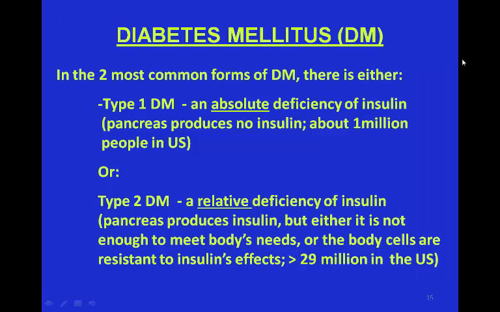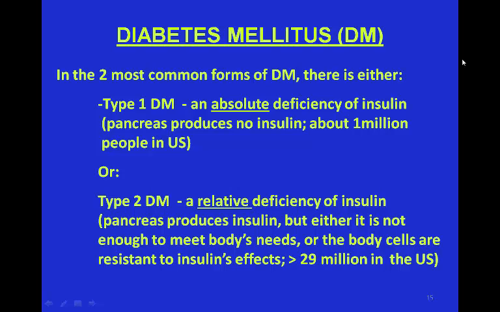Of course, the main disease we think of when we think of insulin is diabetes mellitus, abbreviated DM. There are two common types of diabetes mellitus, although there are several others in addition. We'll just talk about two of these at this time. Type 1 diabetes mellitus means that there is no insulin at all being produced, an absolute deficiency of insulin.